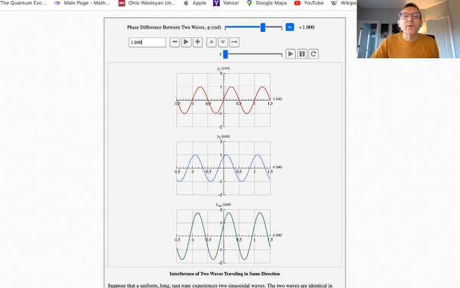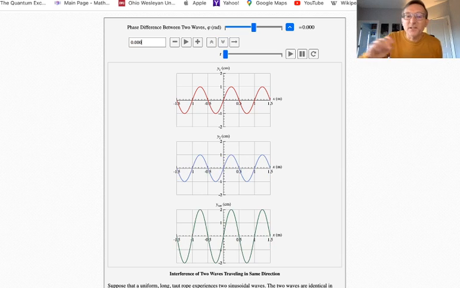And the first thing I'm going to do is set the phase difference to 0 between the two waves. Okay, so I'm going to set phi to 0. Then the two waves, the red curve and the blue curve, are in phase with each other. They're lined up crest to crest, trough to trough. If the phase difference is 0, then what do we get for our amplitude?